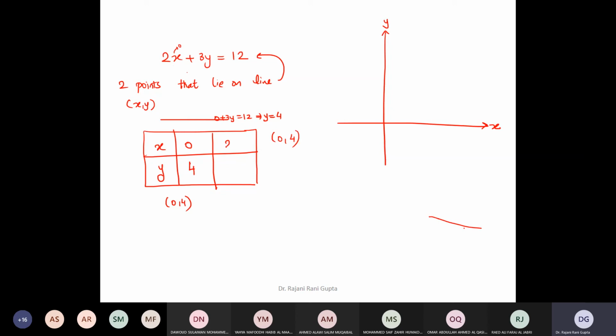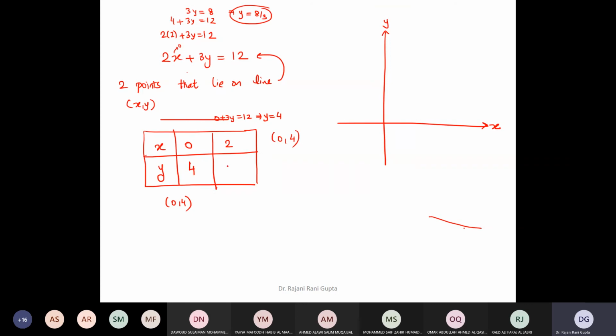Similarly, if I put x equal to 2, what will happen here? It will become 2 times 2 plus 3y equal to 12. So I have to solve it: 4 plus 3y equal to 12. This gives me 3y equal to 8, so y is equal to 8 over 3. I have to do many calculations to get this value, and I don't want to do this.